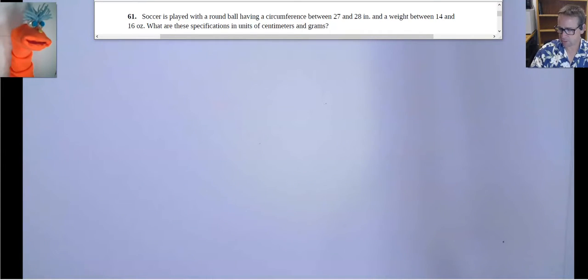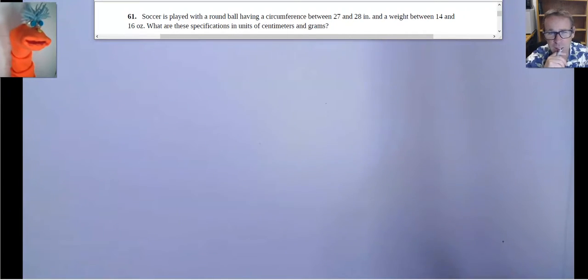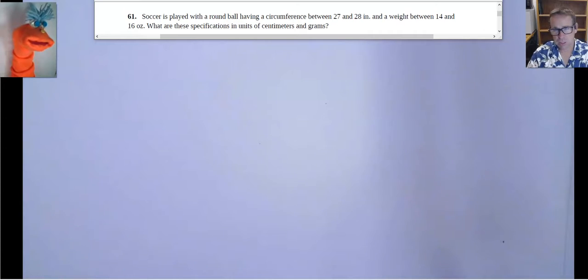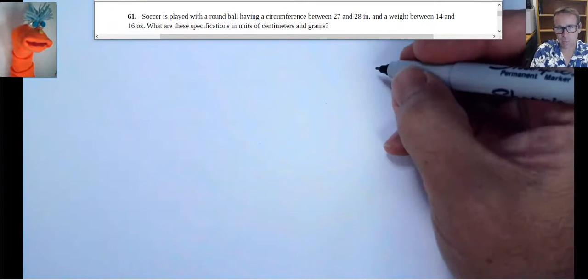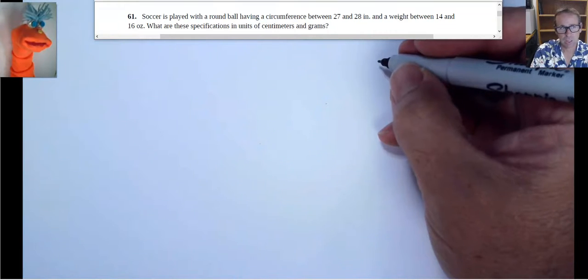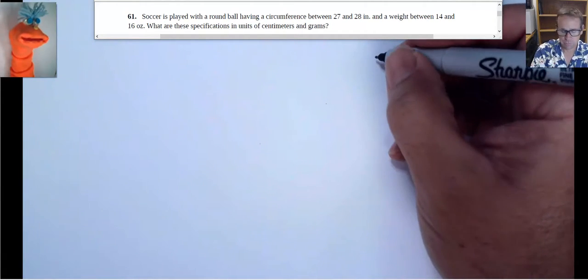Very good. Excellent. So let's do 28 inches and try to find out how many centimeters that is. Here's how we do this. We identify the units that we're after. We said we're going to go inches to what? Centimeters. Very good.